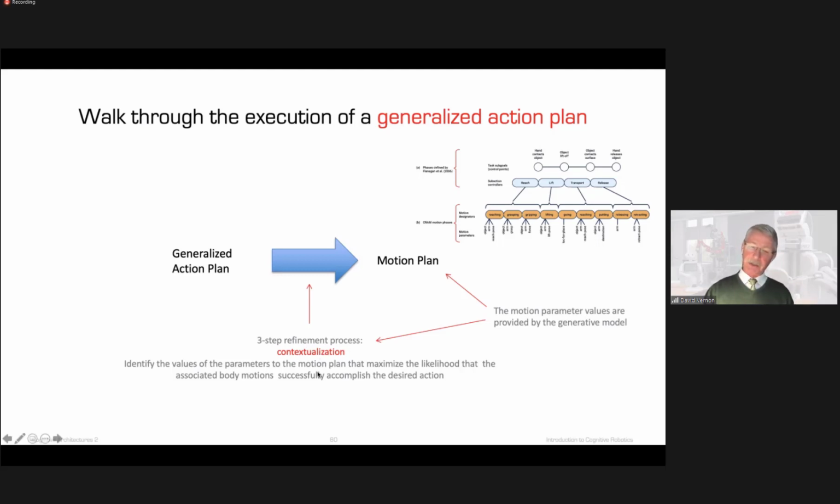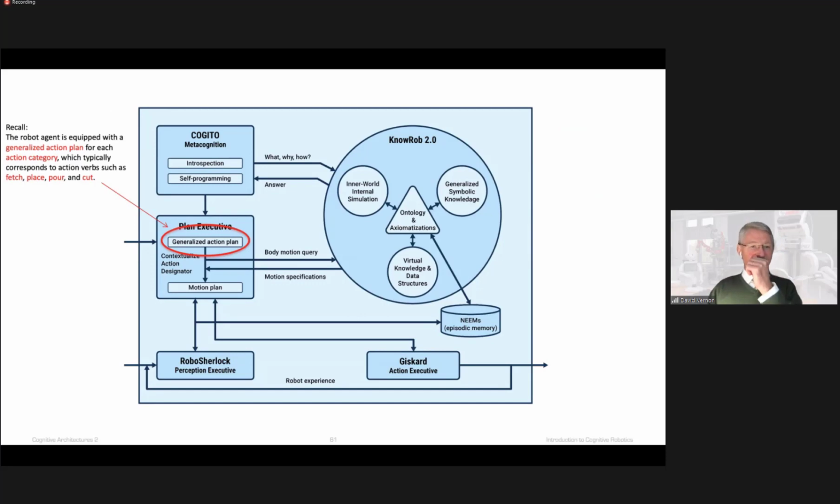It's called contextualization, and I now want to explain what I mean by that. So it starts like this. Remember, we have a generalized action plan for each action category, like fetch, cut, pour, place, or the kind of concatenated one, fetch and place. So that's where we start. We've got a generalized action plan.